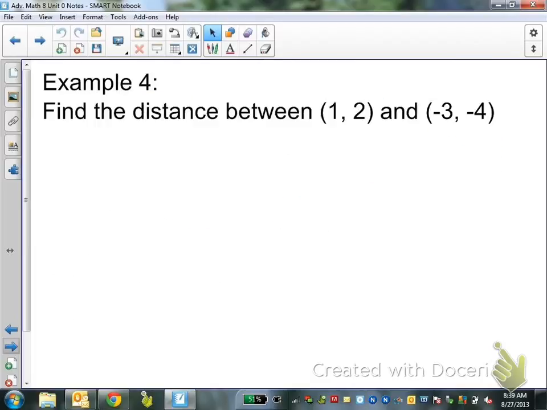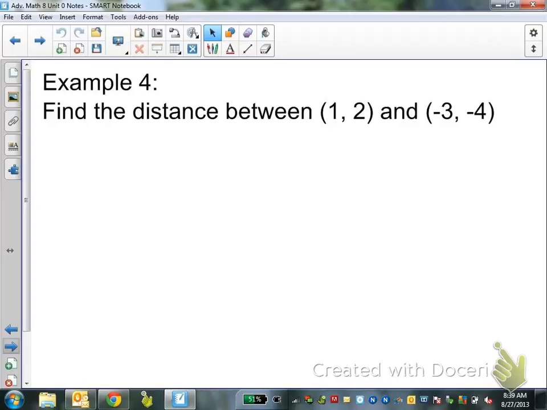Okay, guys, so last one. I want you to find the distance between 1, 2, and negative 3, negative 4. What I want you to do right now is just plug everything into the distance formula, and then we'll stop and checkpoint to make sure that everyone plugged it in correctly, and then I'll give you the rest of the time. So first, what is my x1, y1?